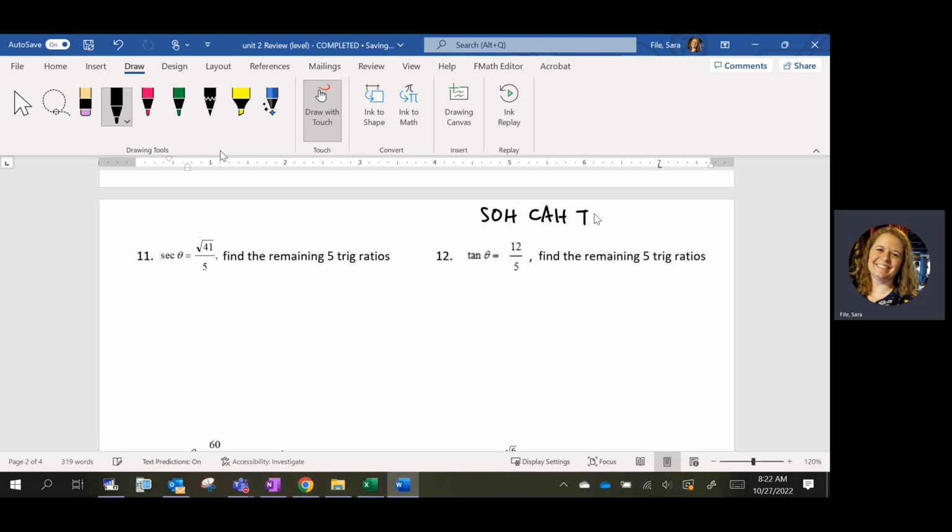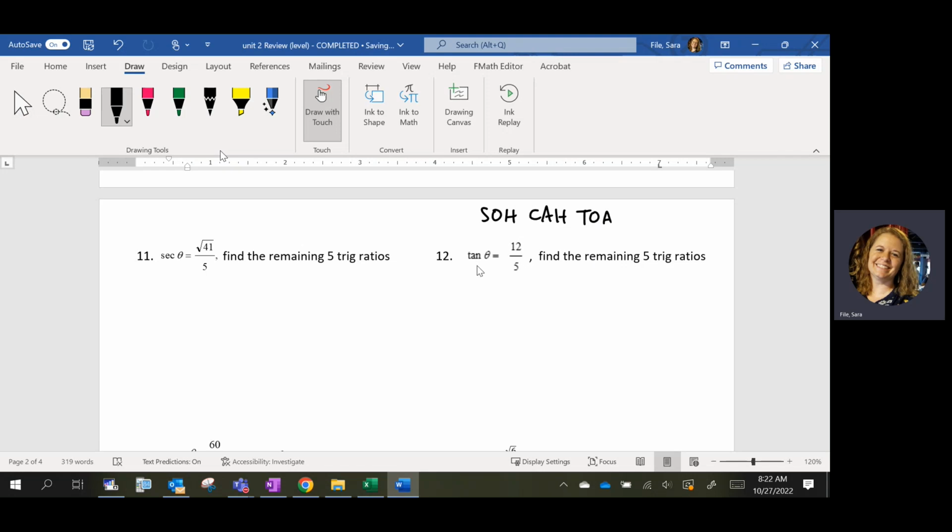Okay, when you get your quiz paper, I'm actually going to have a printed out one for you to do your work on that has some triangles drawn for you to label and stuff. And same thing for when you get the test. So the first thing you should do before you even start your test or quiz is to write SOHCAHTOA or write out all your trig ratios so you can refer back to them.